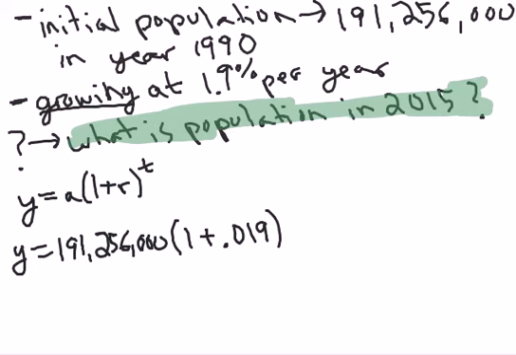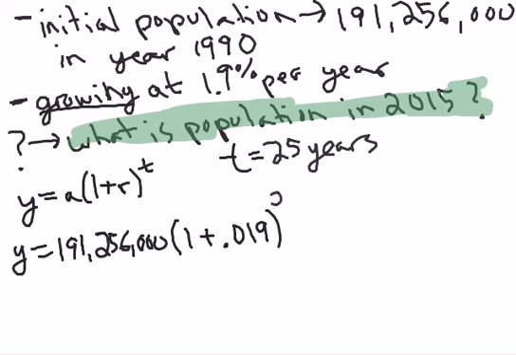So it would look like this. All to the T, and if you look here, if I'm going from 1990 to 2015, that is 25 years. So T would be 25.